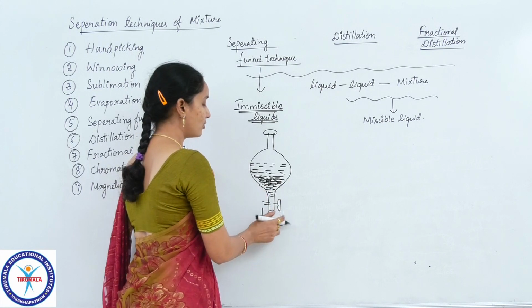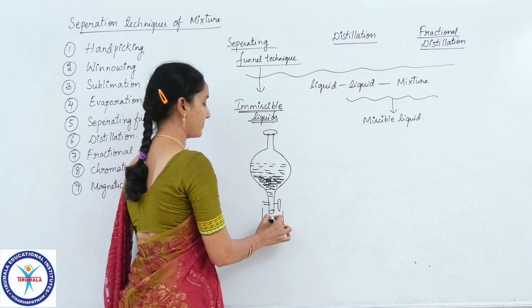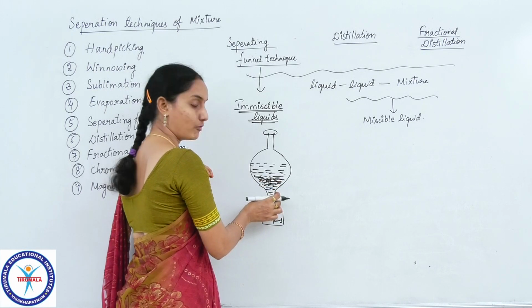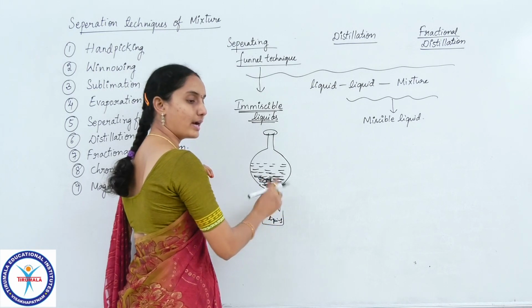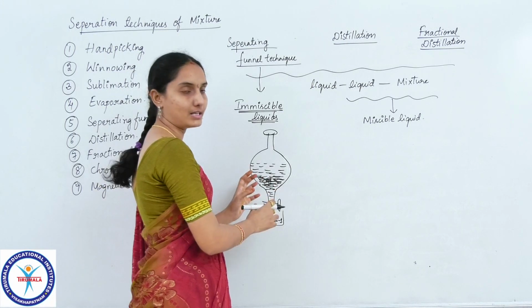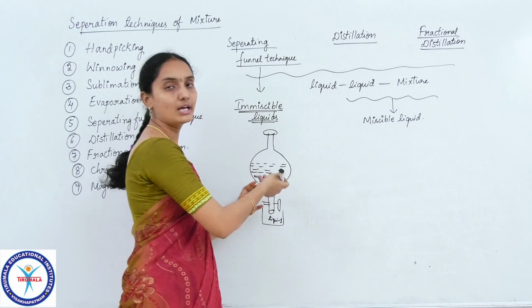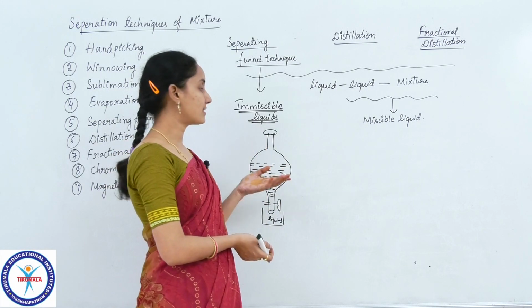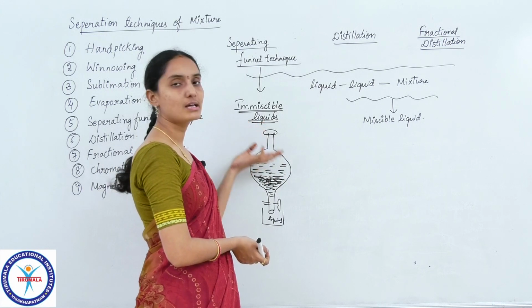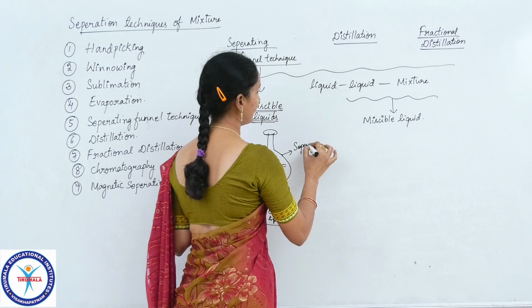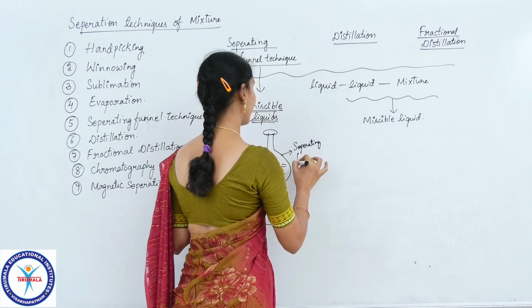You first collect liquid one, and then whenever this liquid reaches the last point, close the nozzle, take out this beaker, keep another beaker and again open the nozzle in order to collect the second liquid. In such a manner you separate the immiscible liquids using this separating funnel. This apparatus is called a separating funnel, children.